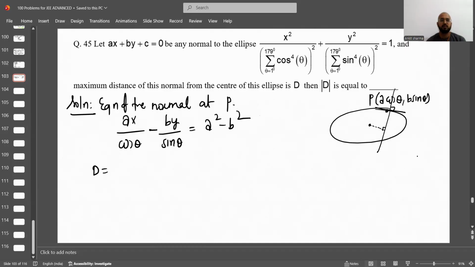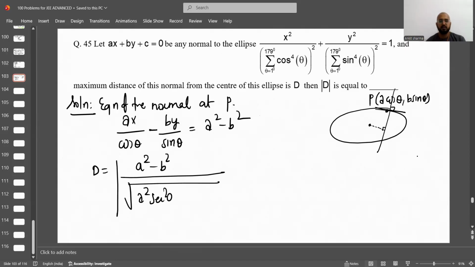So say d is equal to, from the center we are asking, that means this is going to be simply (a square minus b square) over square root of (a square secant square theta plus b square cosec square theta). A square plus b square, this is going to be my distance of this normal from the center.